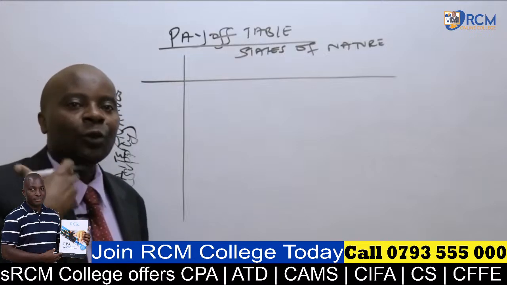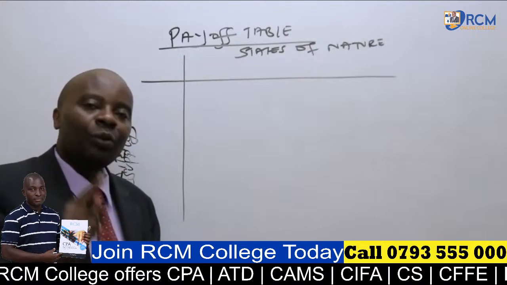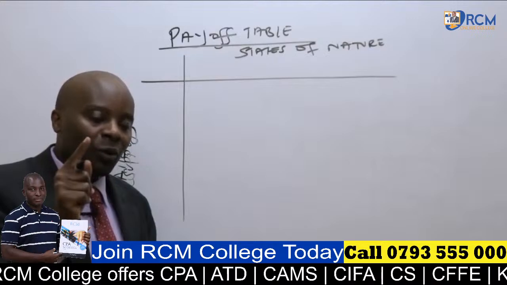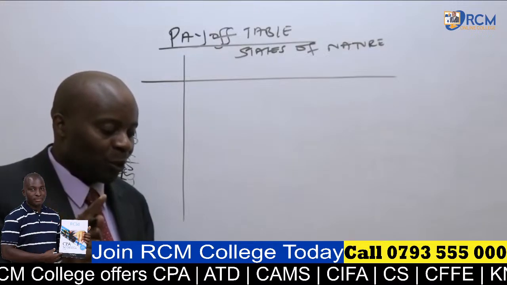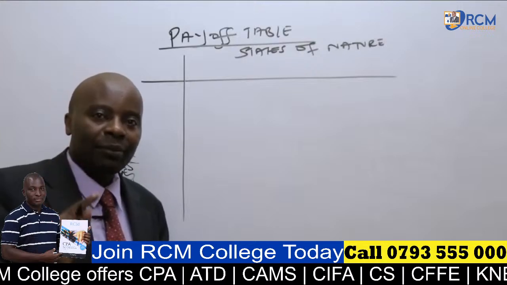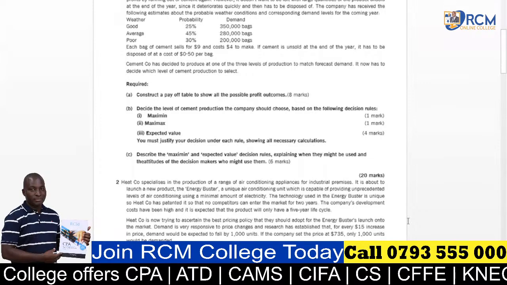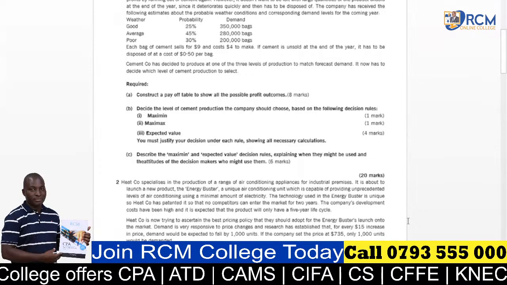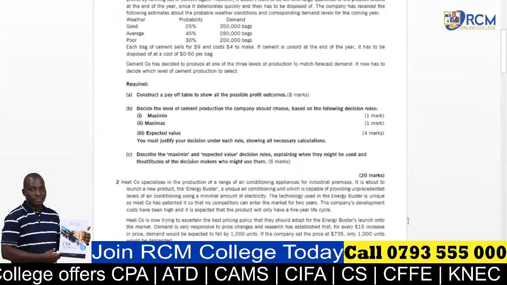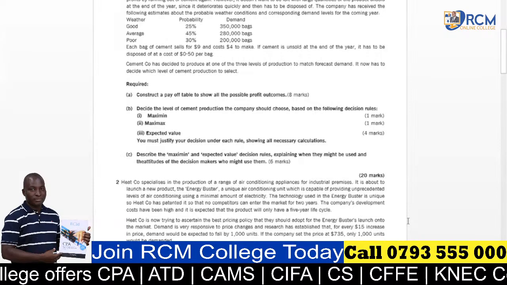So it is us to decide how many bags of cement we supply to be able to meet the demand which is given outside there. And we're going to produce at one of the demand levels given as per that table. If you look at that table, good will lead to a demand of 350,000 bags, average to 280,000 bags, poor 200,000 bags.